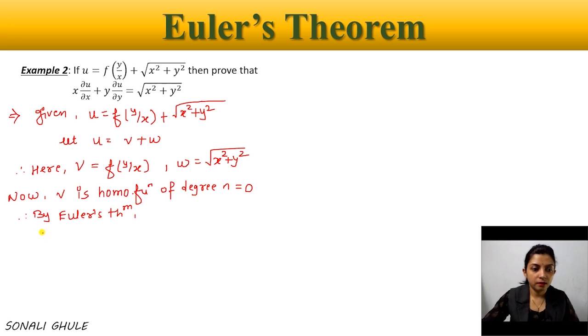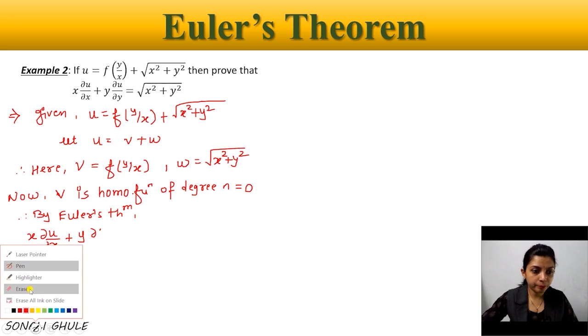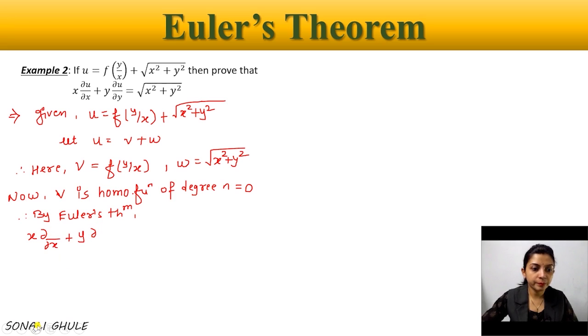Yes, I can write x into dou u by dou x plus y into, just a minute, as I am saying here, v is homogeneous. So I have to write there v, not u. Okay.